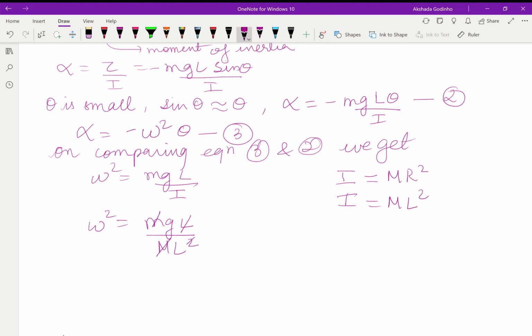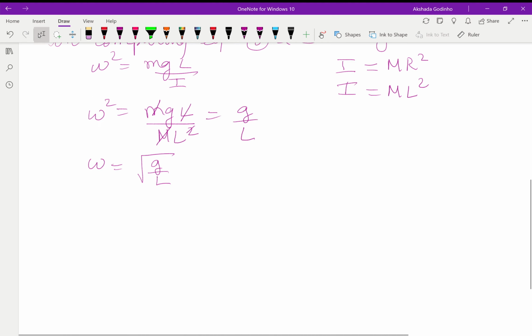Once I reach this, what will be my answer? g upon L. Now, do I need omega square? No, I need omega. So I'm going to take the square root that side. It will become root of g by L. But what is our goal?